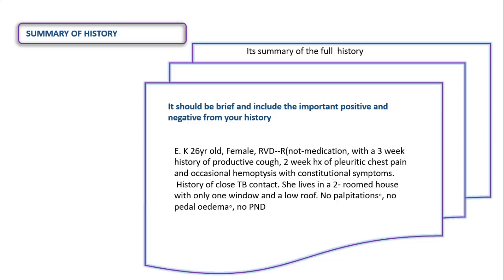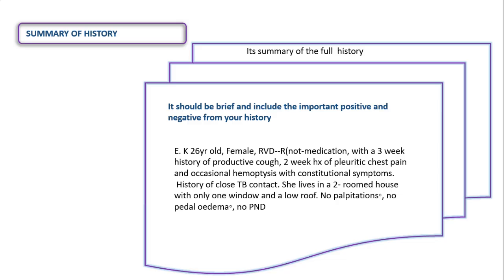So for example, the name, you use initials, EK, 28-year-old female, RVDR, which simply means the patient is HIV positive. Then you indicate not on any medication, because maybe the patient is not taking medication for some reason.